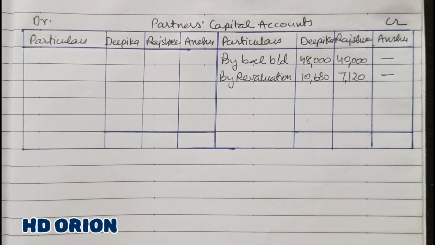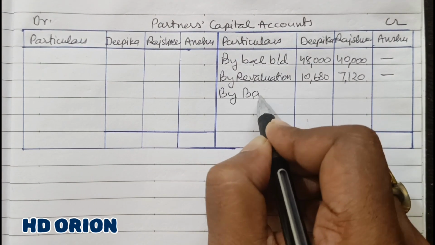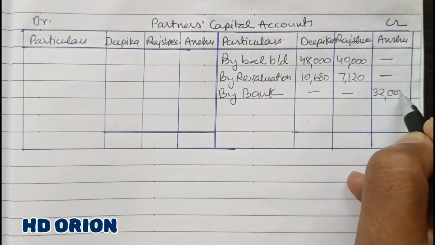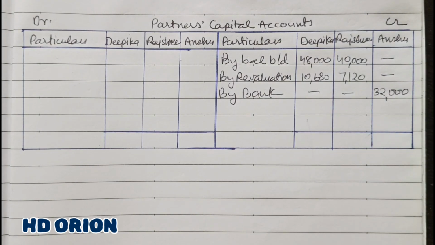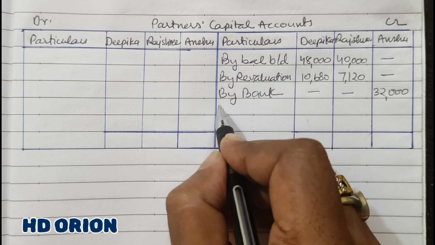The new partner will never participate in profit or loss on revaluation of assets and liabilities. New partner's capital by bank or cash you can write 32,000 rupees. Then for not bringing goodwill in cash by the new partner Anshu, a current account is to be opened.